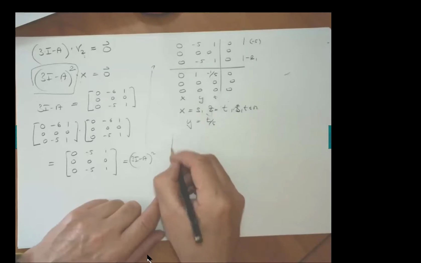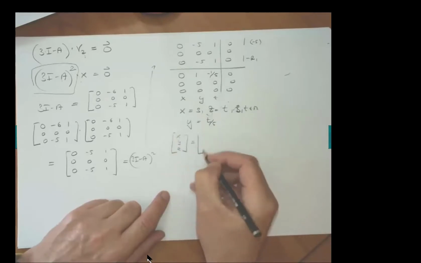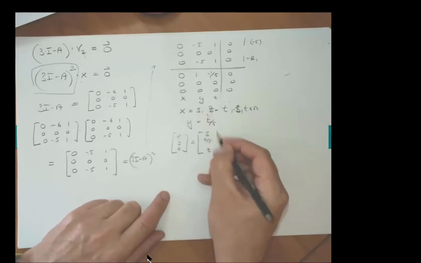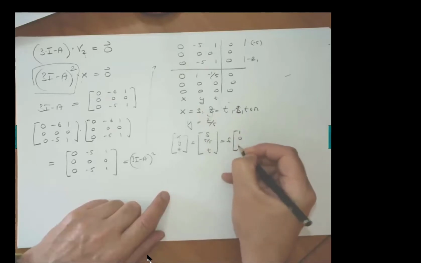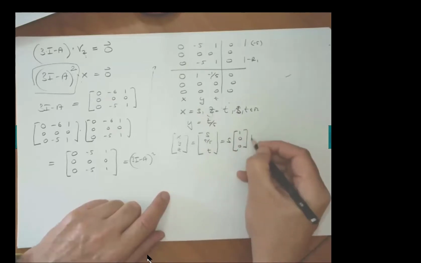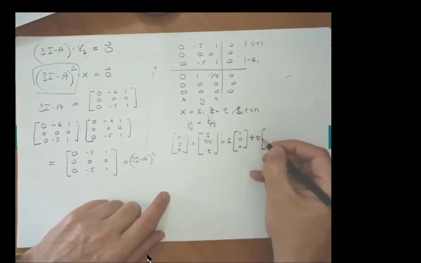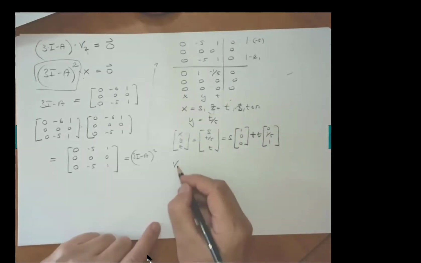So the solutions x, y, z are s, t over 5, t, which is the same as s times 1, 0, 0, plus t times 0, 1/5, 1. So we get two vectors.